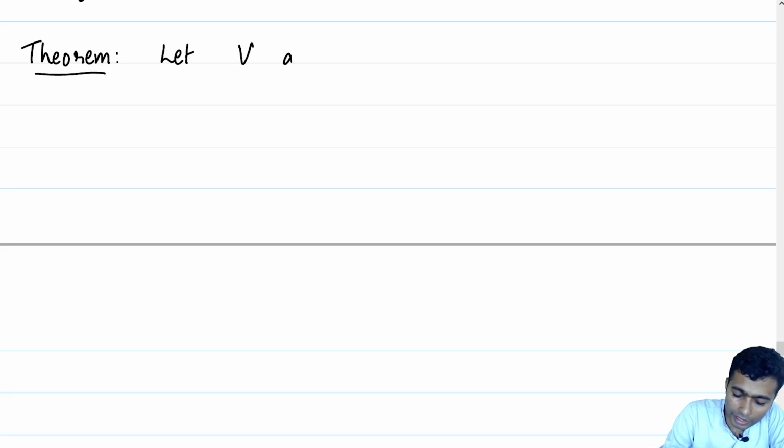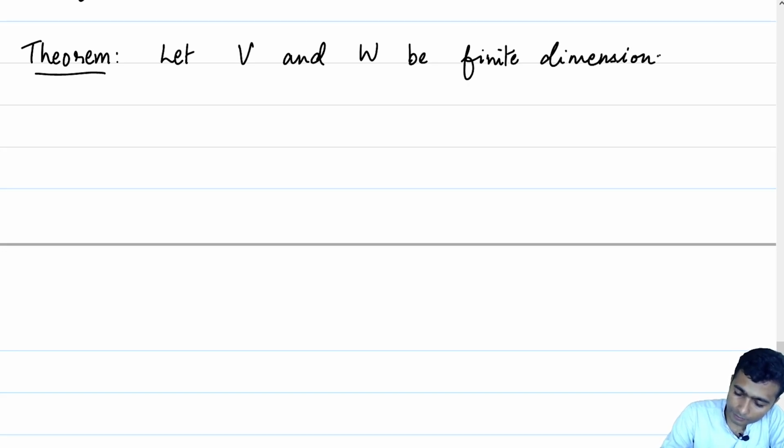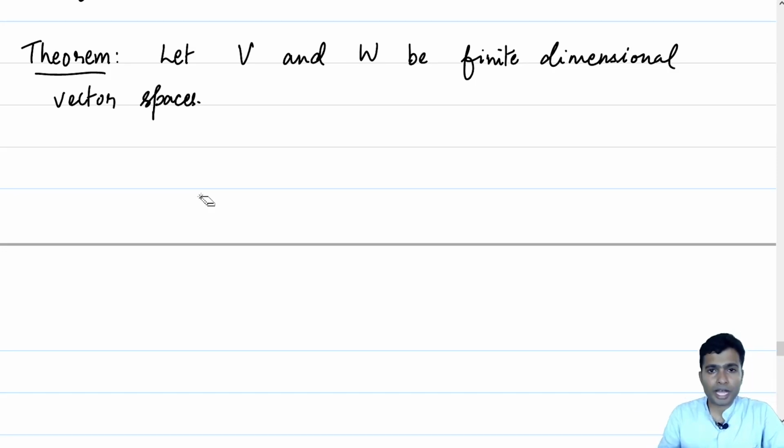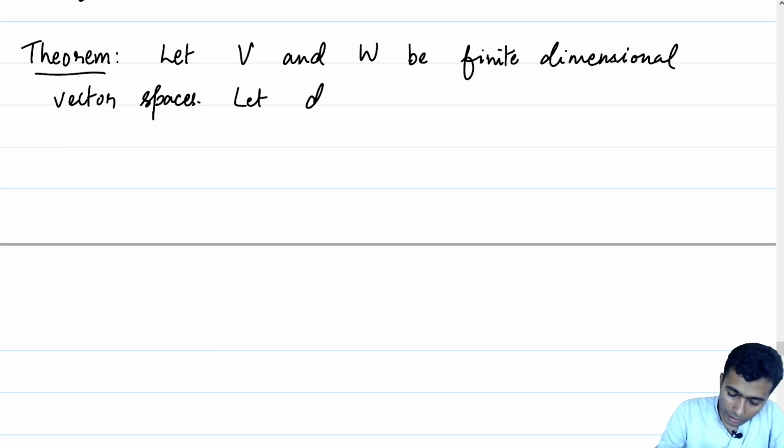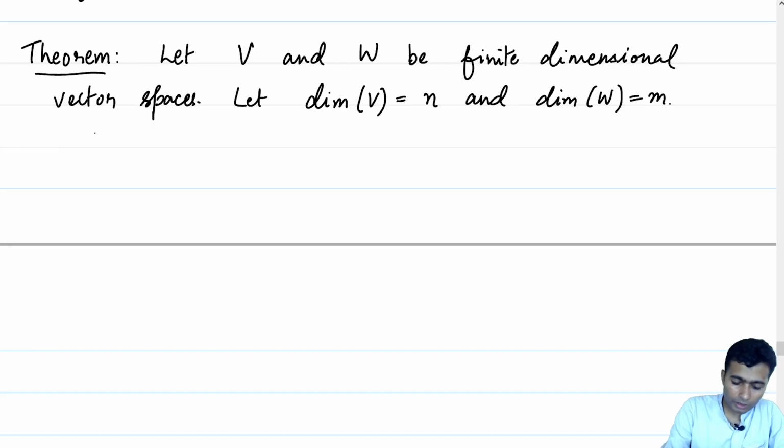Let V and W be finite dimensional vector spaces. Let the dimension of V be equal to n and the dimension of W be equal to m.